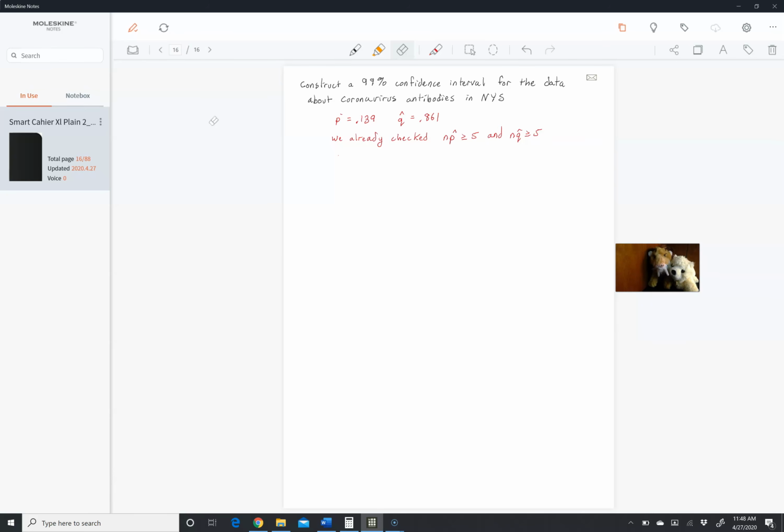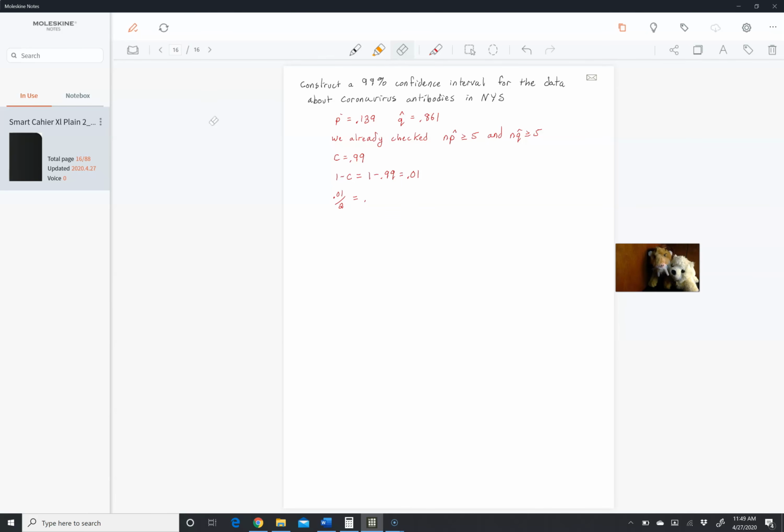Okay. So c this time is equal to 0.99. So we need to figure out what the z-score is based on the level of confidence. So once again, we have to figure out what part of the area is outside the interval. So 1 minus 0.99 is 0.01. And then we're going to take 0.01 and divide by 2 because we only want the area on the left.